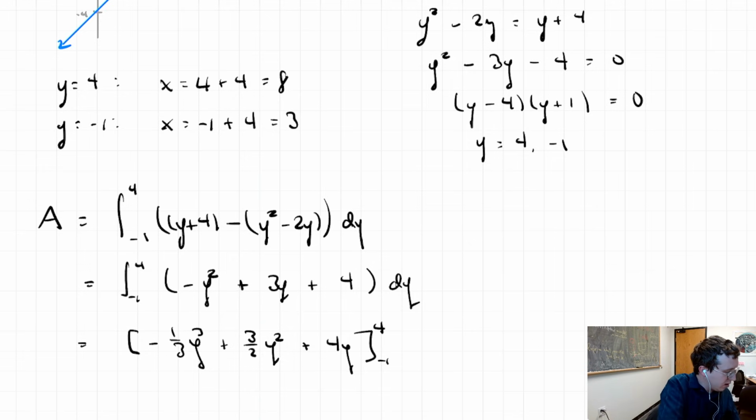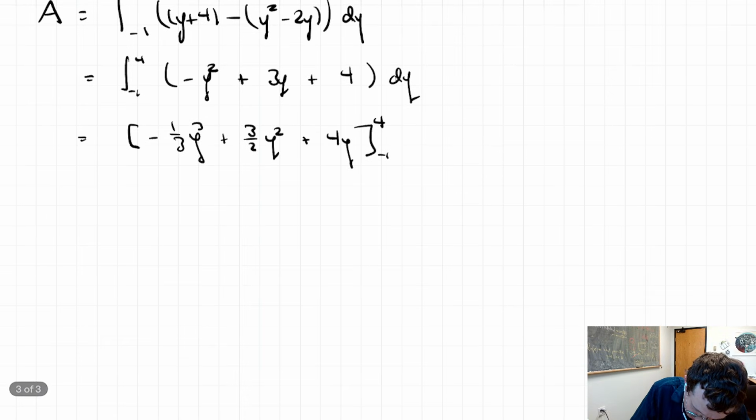Let me see where in this book I can find some separable differential equations. Okay. Here's a good one.